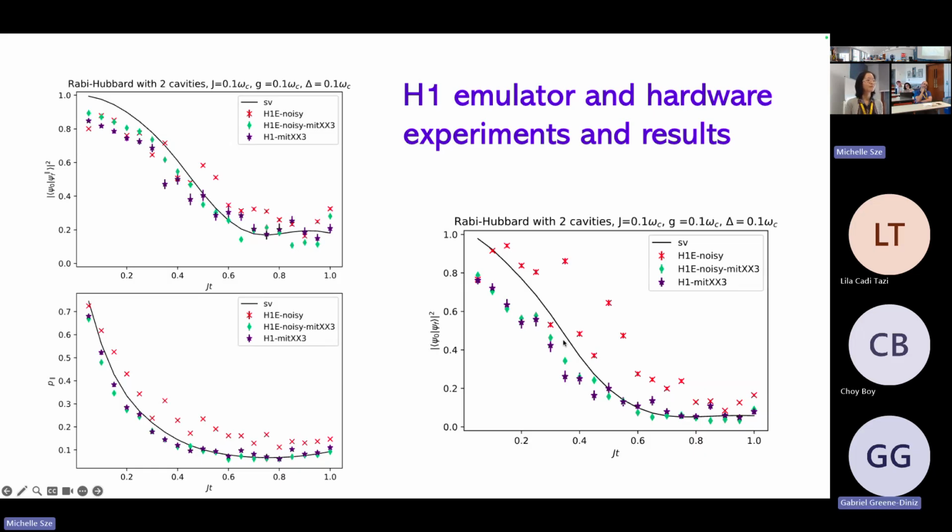Would you not expect the noisy emulator to be more like the actual H1, because the state vector won't have any noise? The H1 is also mitigated. Yeah, the hardware results, we also mitigated already. What we run on our hardware are the circuits where we also included the dynamic decoupling mitigation protocol.